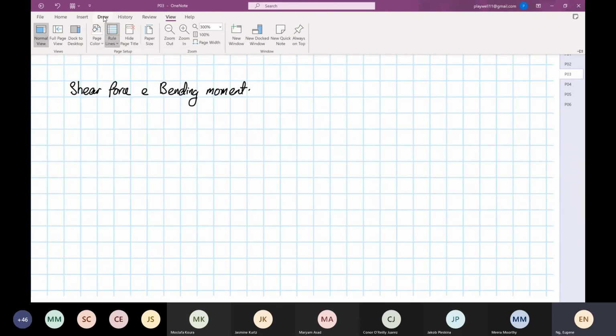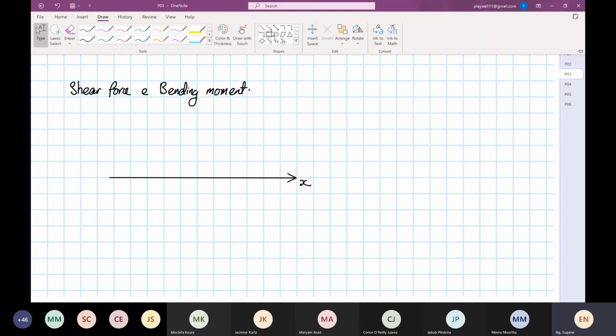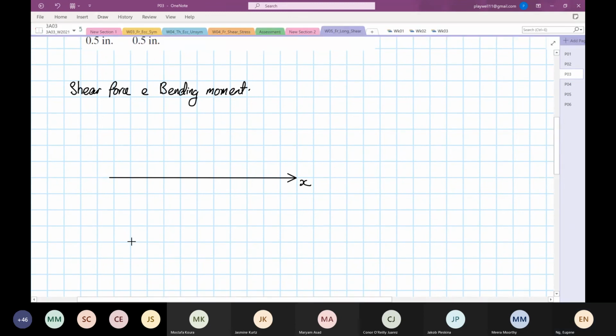So we know our specific distance. Okay, so shear force, I'm going to draw. This is our X distance. Then we have our Y, so we have our 0.